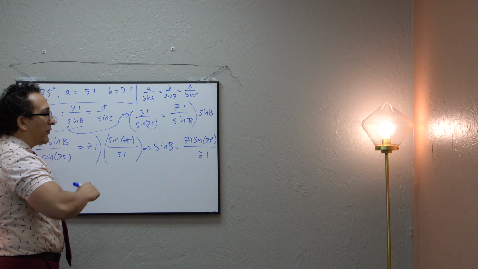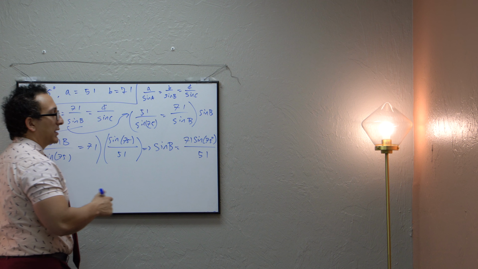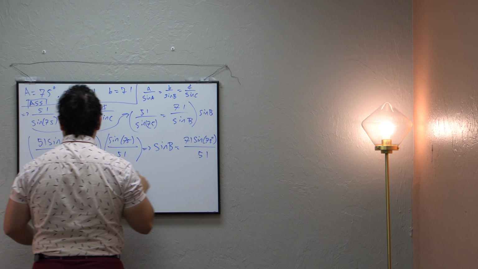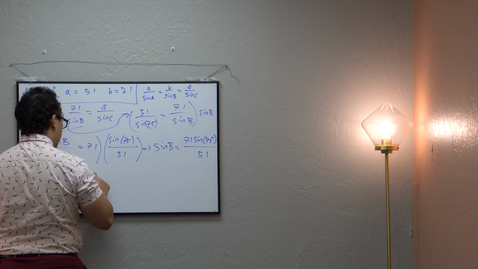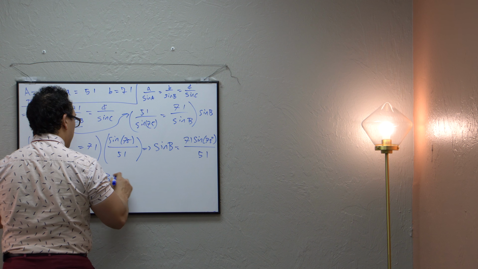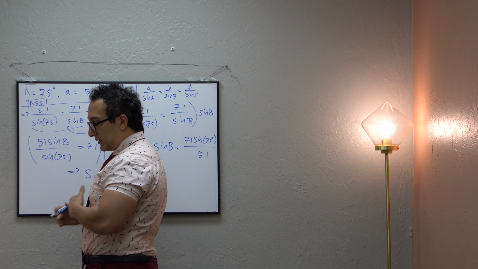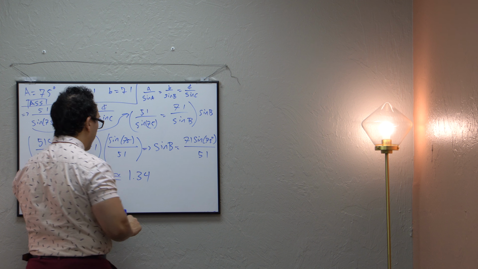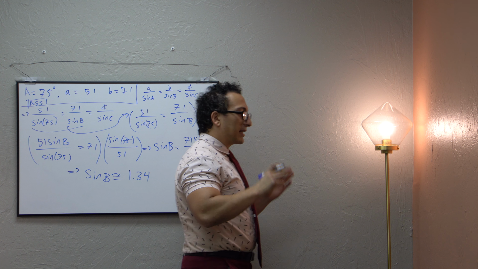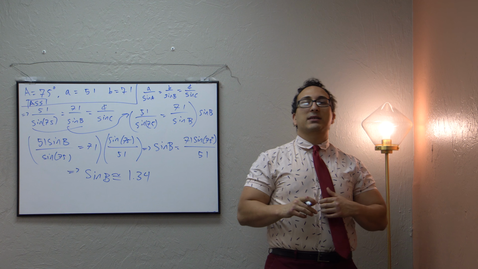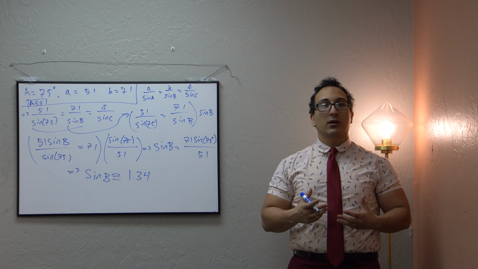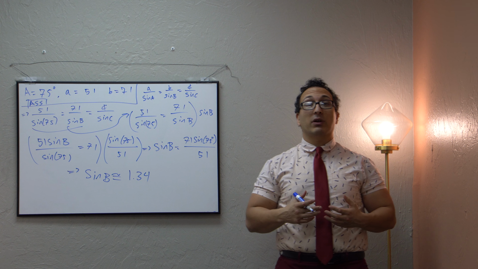Now, before we take the sine inverse of both sides, let's just calculate this in the calculator. What is all of this? Notice that the sine of B is approximately 1.34. Even before we take the sine inverse of both sides, notice that this is implying that sine of some angle B is outputting a value greater than the range of sine.